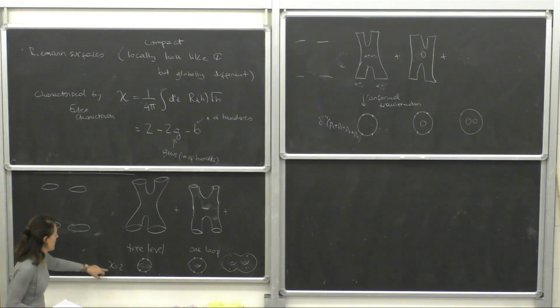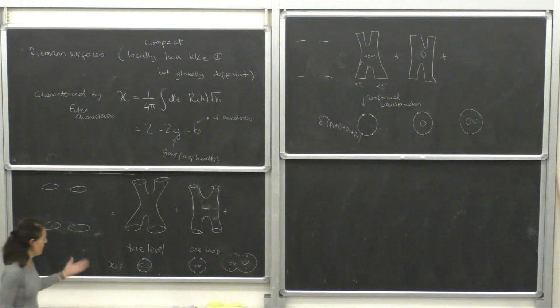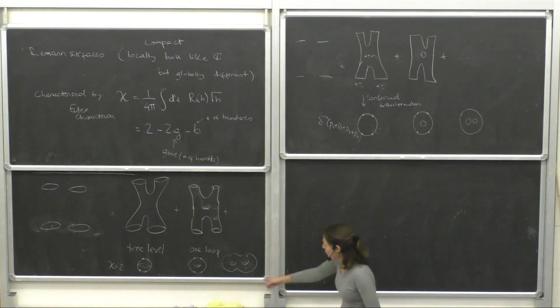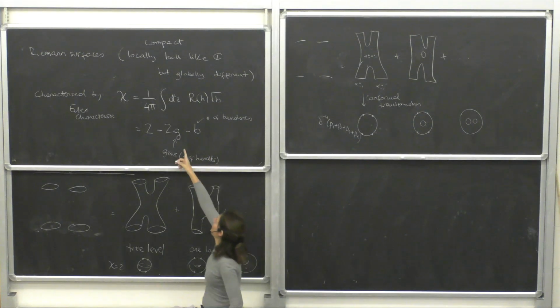And the fact that this is non-zero means that locally I can define a flat metric for the sphere, but globally you cannot. The sphere has curvature, and you cannot define a flat metric for the sphere globally. While the torus has no boundaries, but it has one handle.